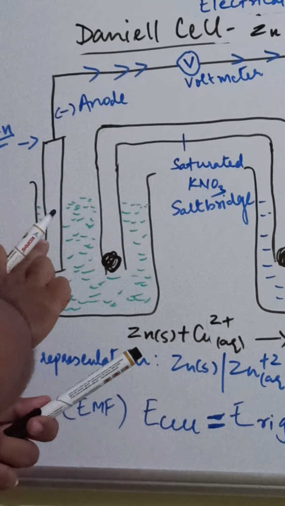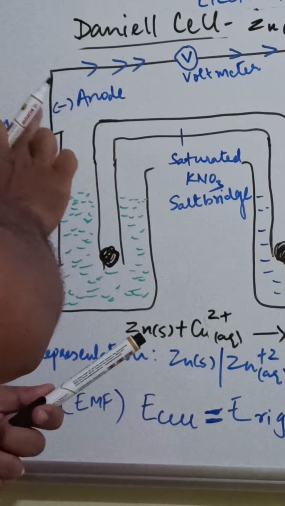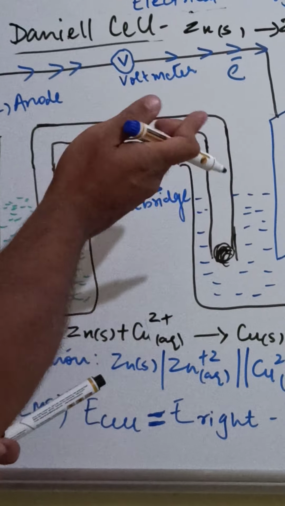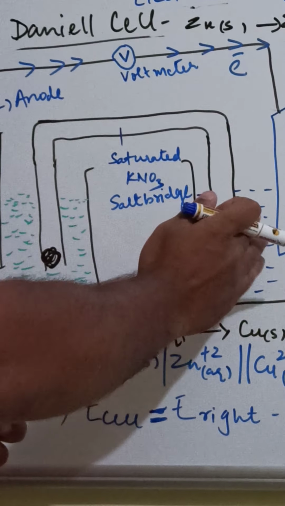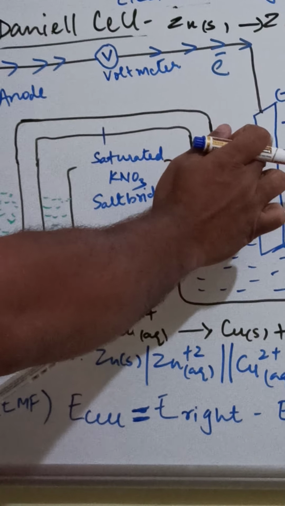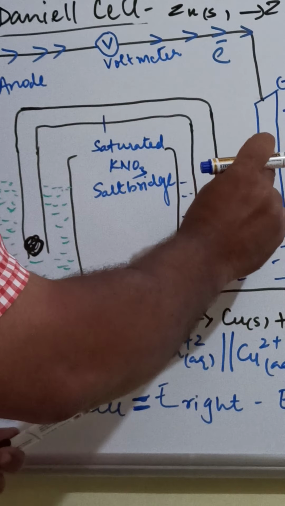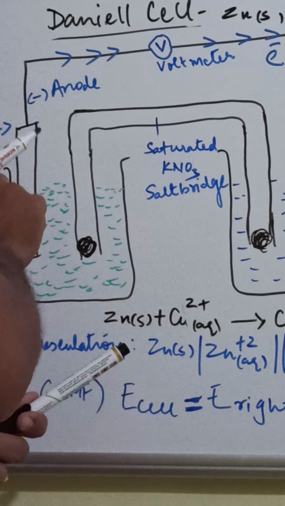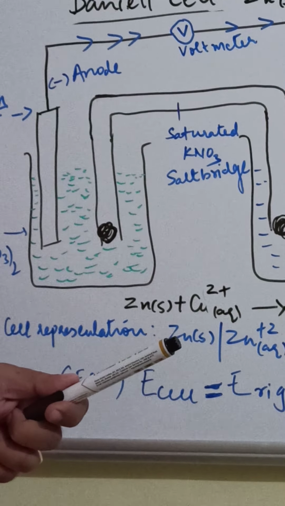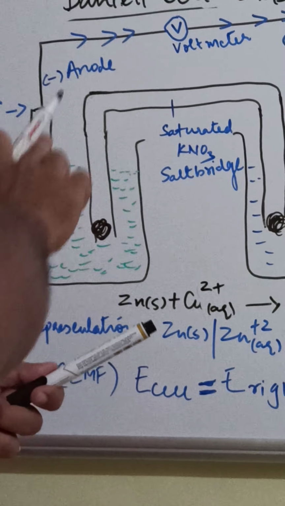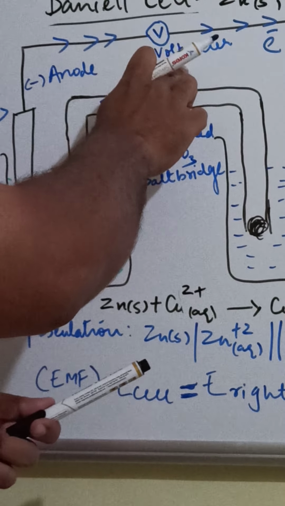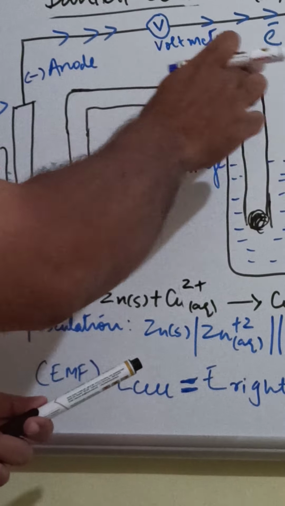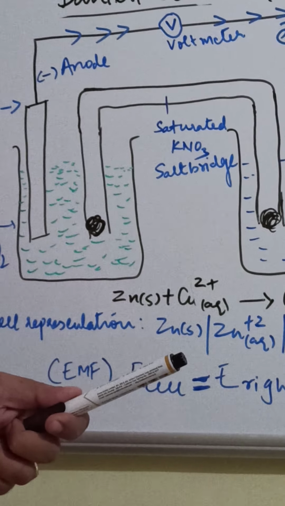So when the electrons are traveling from anode to cathode, the electric current will travel from the half cell containing copper electrode to the half cell which contains zinc electrode. So voltmeter deflection will show the flow of the current from copper to zinc.